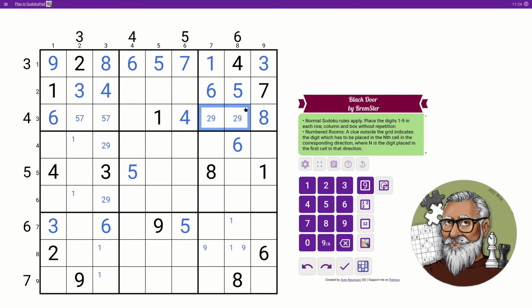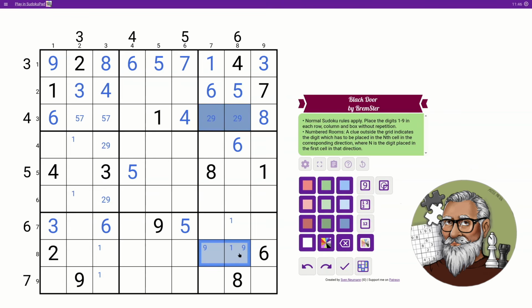Let's do some bit advanced stuff. We have in row 4, we definitely have a 9 in one of these 2 positions, right? And in row 8, we definitely have a 9 in one of these positions. Is that correct?